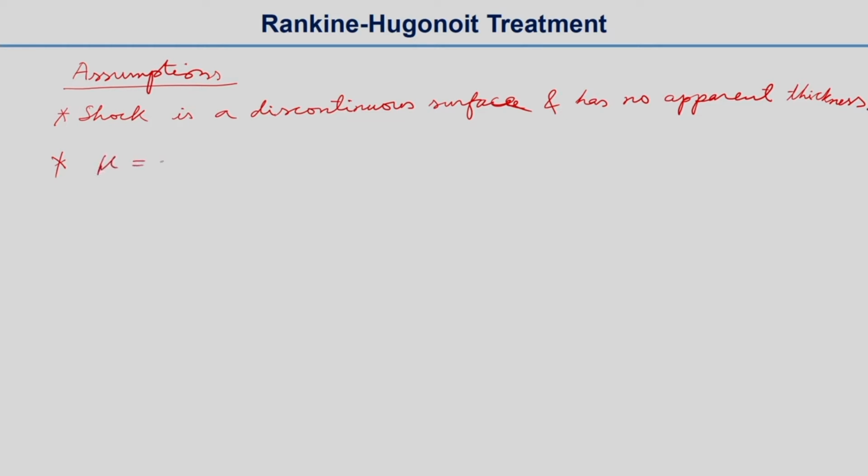Shear modulus mu is equal to 0. That means it behaves as a fluid, as we know a fluid cannot resist shear stress.